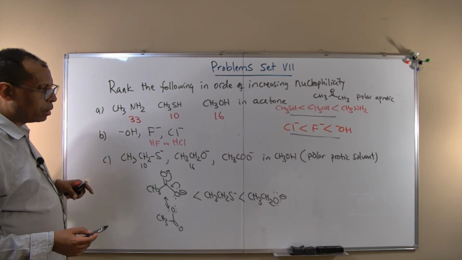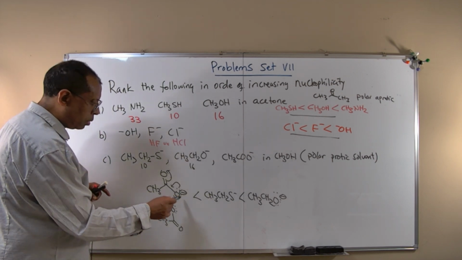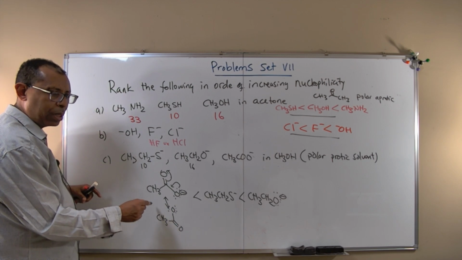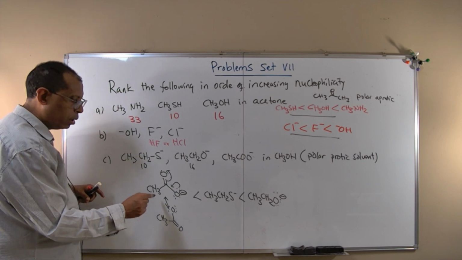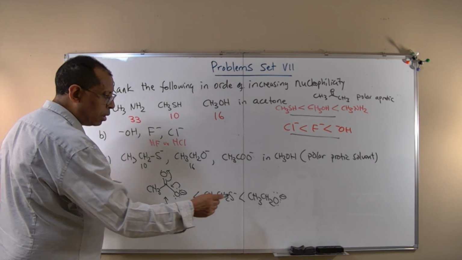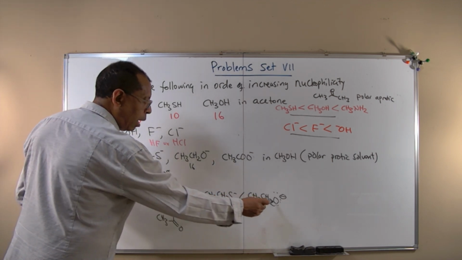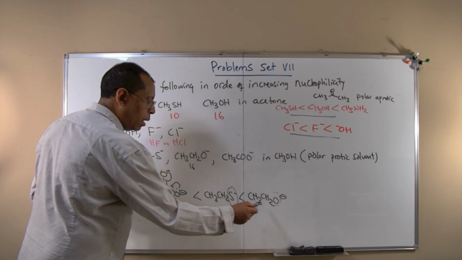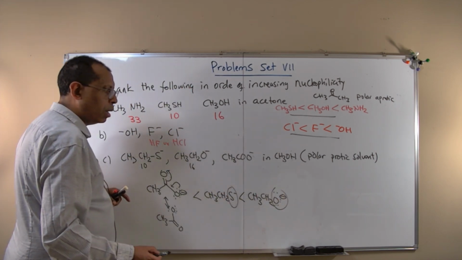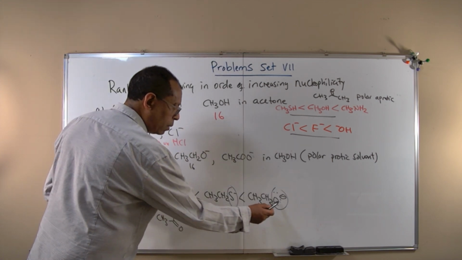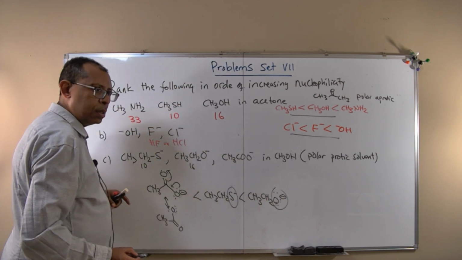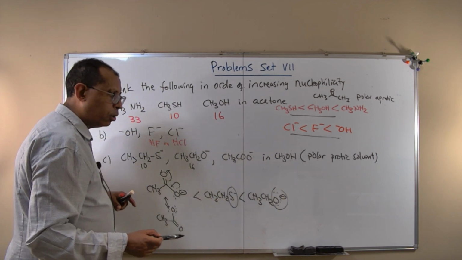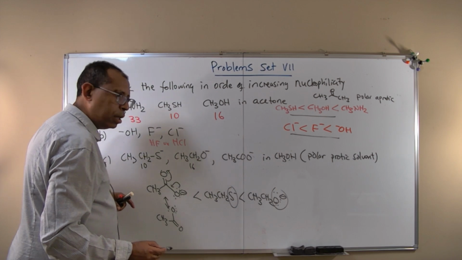So the role of methanol would be making hydrogen bonding with this. Obviously, it would make it a much weaker base and weaker nucleophile. Hydrogen bonding between sulfur and oxygen, if you just compare sulfur and oxygen, the most electronegative is oxygen, so it would make hydrogen bonding with this much easier.